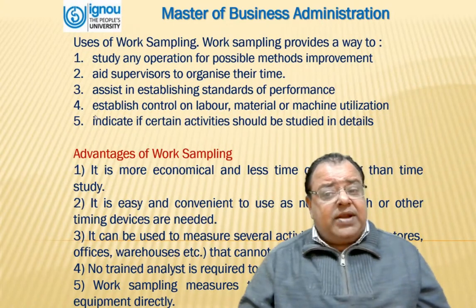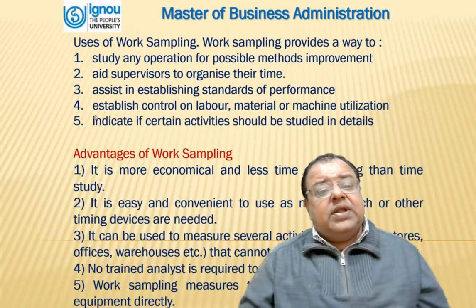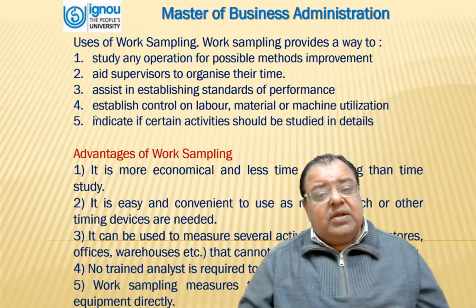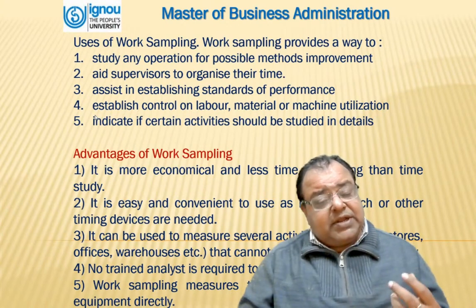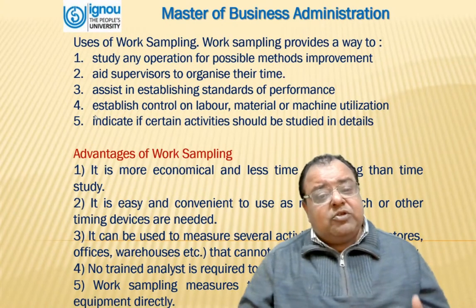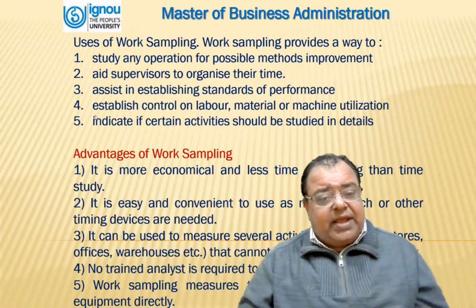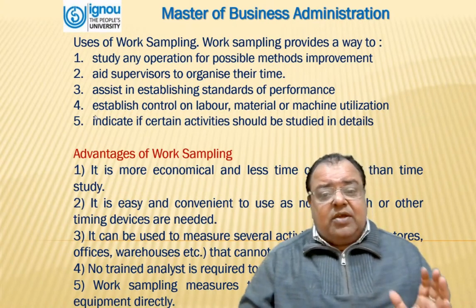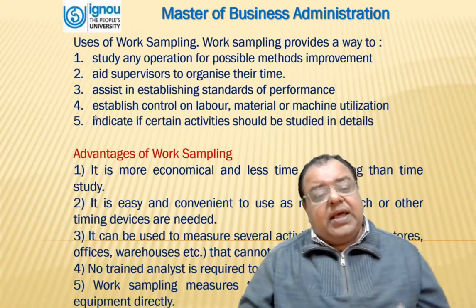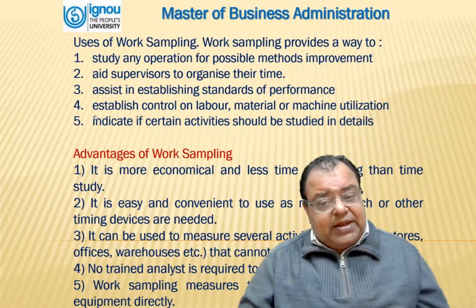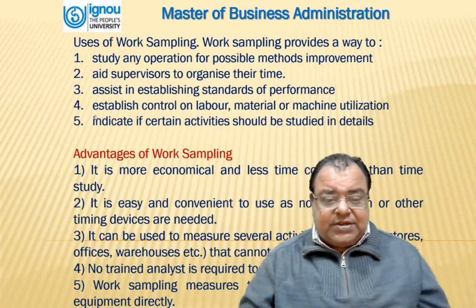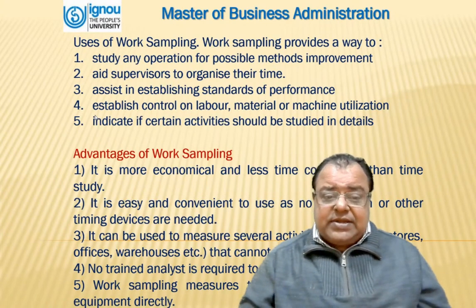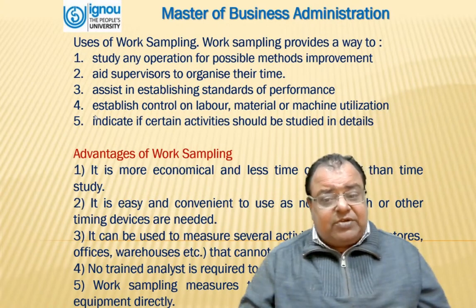Work sampling provides a way to study an operation for possible methods improvement, aid supervisors to organize their time, assist in establishing standards of performance, establish control on labor, material, or machine utilization, and it indicates if certain activity should be studied in detail.